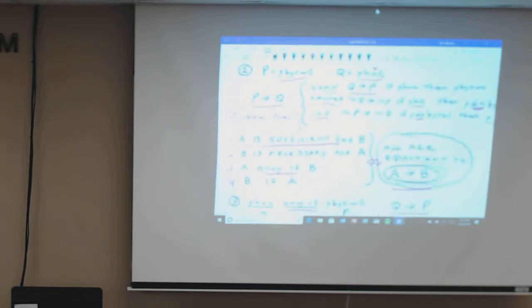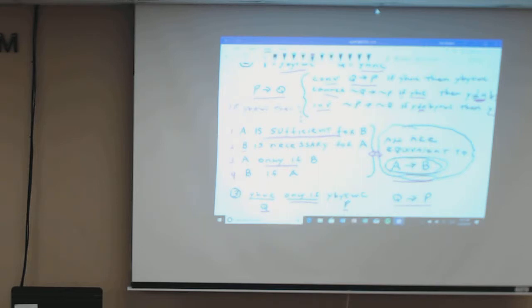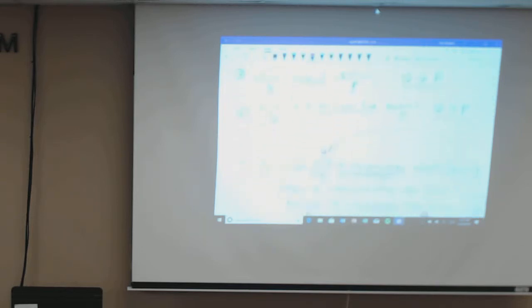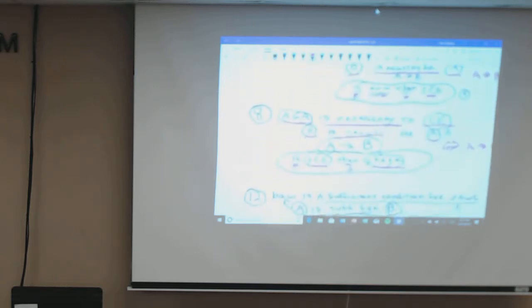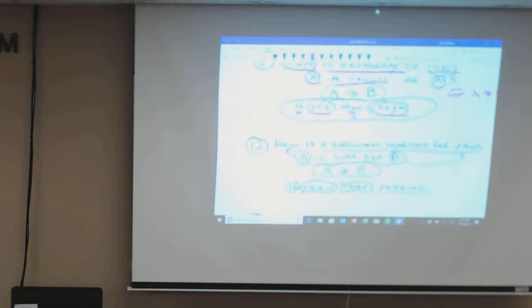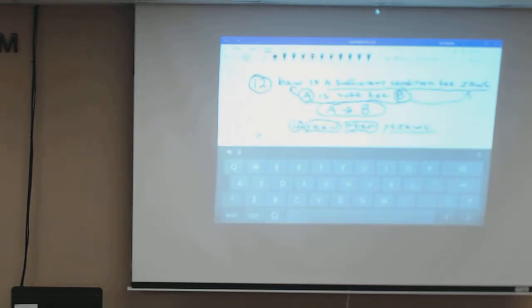B is necessary for A. That makes sense. So that's where I got my B and my A. I'm just using my format. B is necessary for A, so that means convincing Eve is A. So if I convince Eve, then I have a good argument. Number 12. Good question.